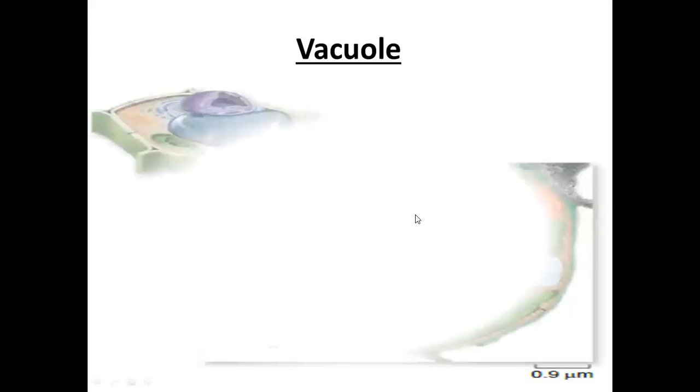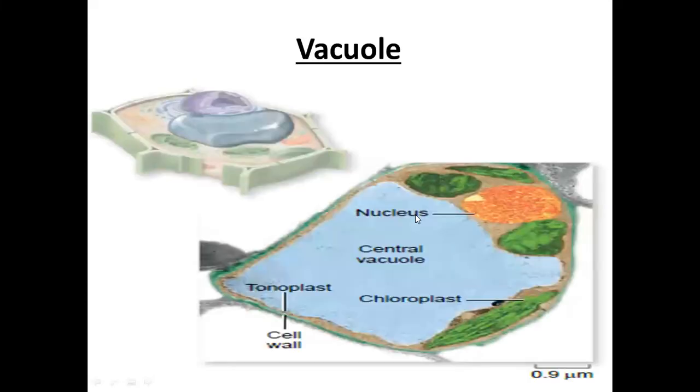We have the vacuole. Especially when we look at plant cells, they have these specialized membrane-bound structures known as the vacuole. The vacuole has a membrane called the tonoplast.